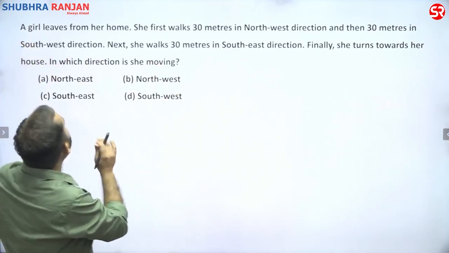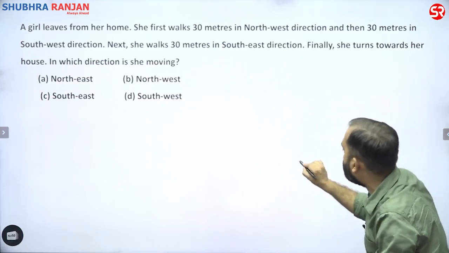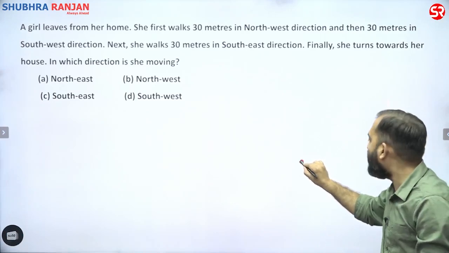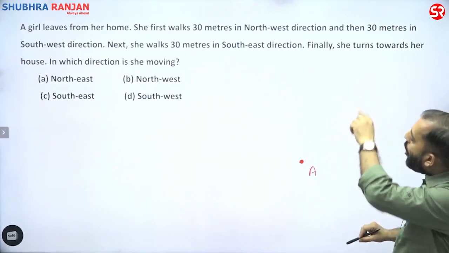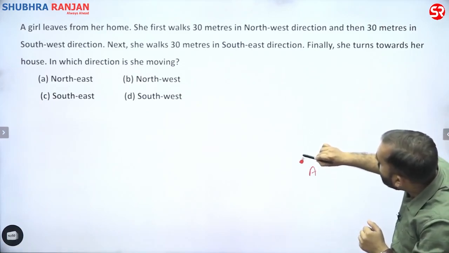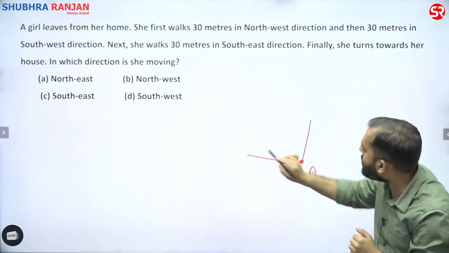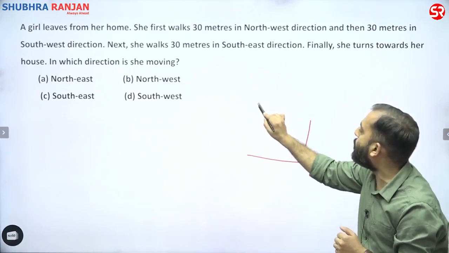A girl leaves from her home and she walks 30 meters in the northwest. Let's say this is the point from where she has left, point A. Now from this point, directly upward is north, backward is west. So between these, the direction is going to be northwest.